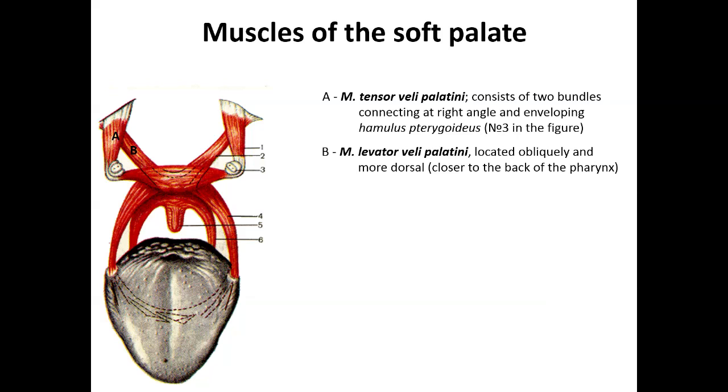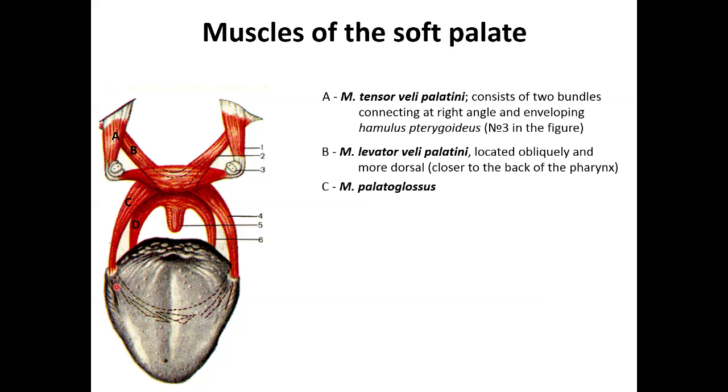What are they? First of all, letter C, here it is, from right side. This is musculus palatoglossus. It's obvious that the palate is connecting with the tongue by this muscle, musculus palatoglossus. Tongue in Greek means glossus, palatoglossus.